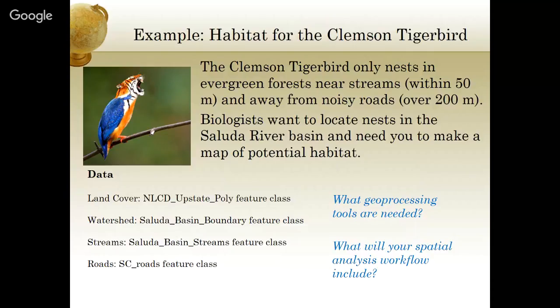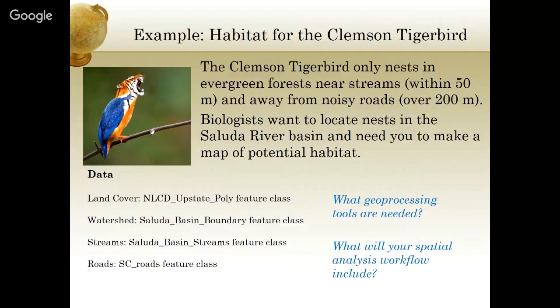So here's my hypothetical problem for you. We're trying to find habitat for our Clemson tiger bird. This funny creature seen here. It was gone for a long time. People started seeing it again when we won the national championships year before this one. The thing is, this bird has very particular nesting habits.